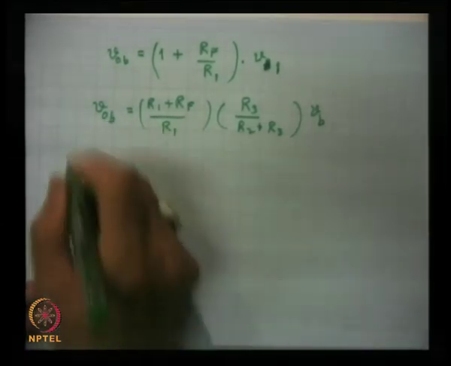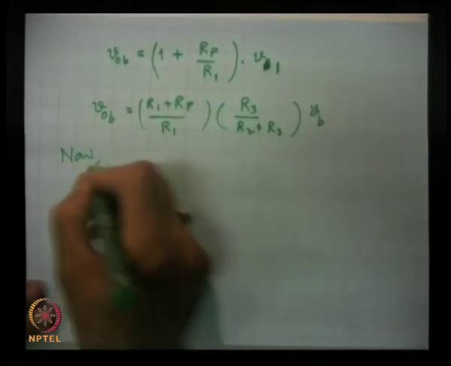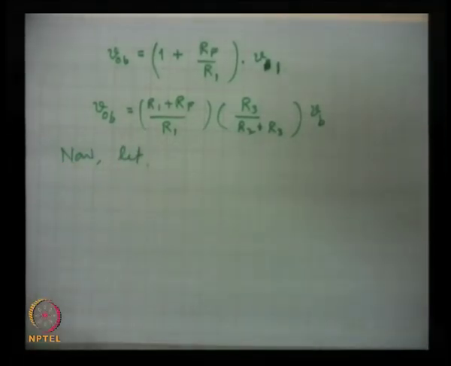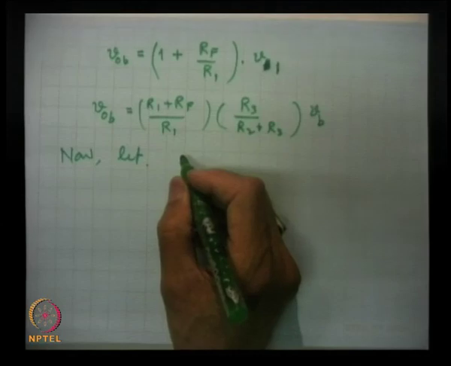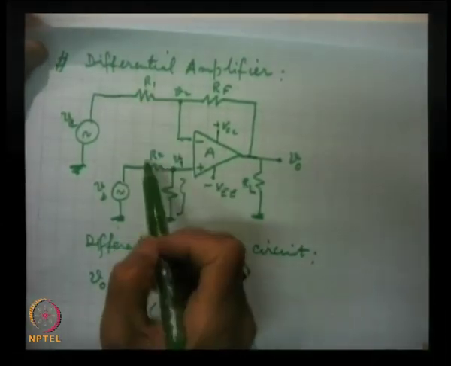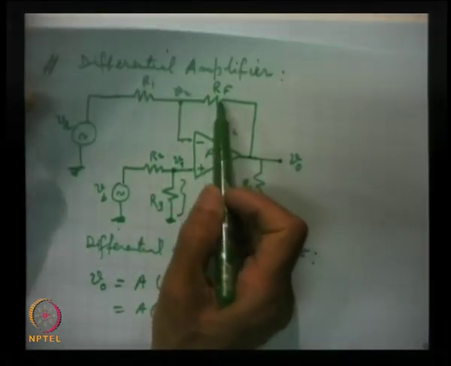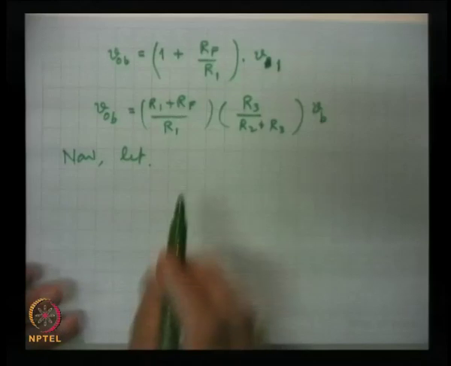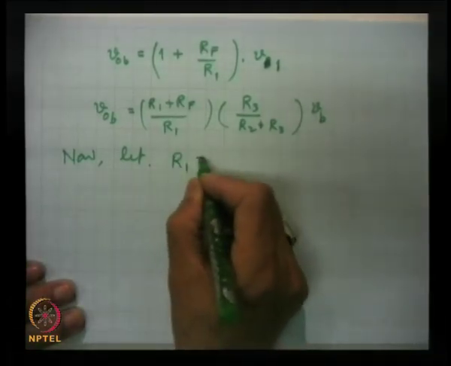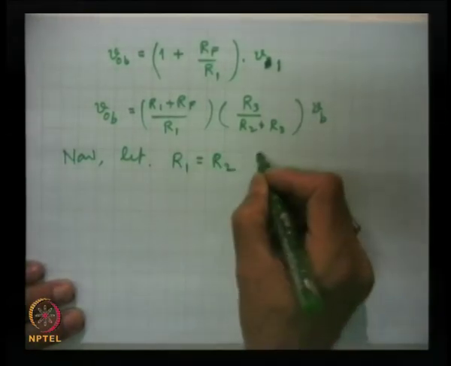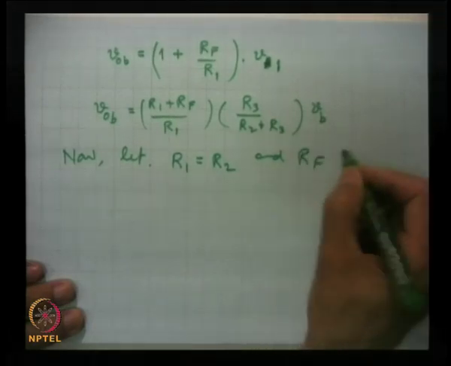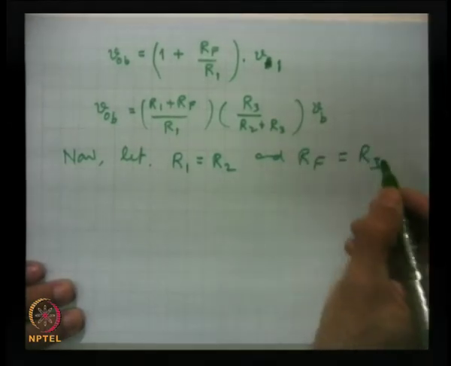Now let resistance R1 be equal to R2. R1, R2 we take identical, and R3 and RF we take identical. So let R1 equal R2 and RF equal R3.